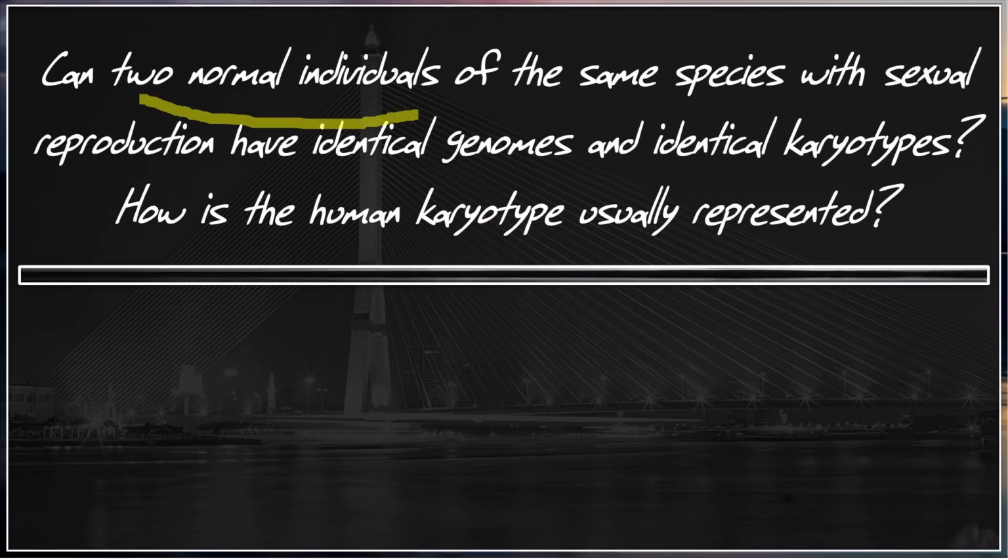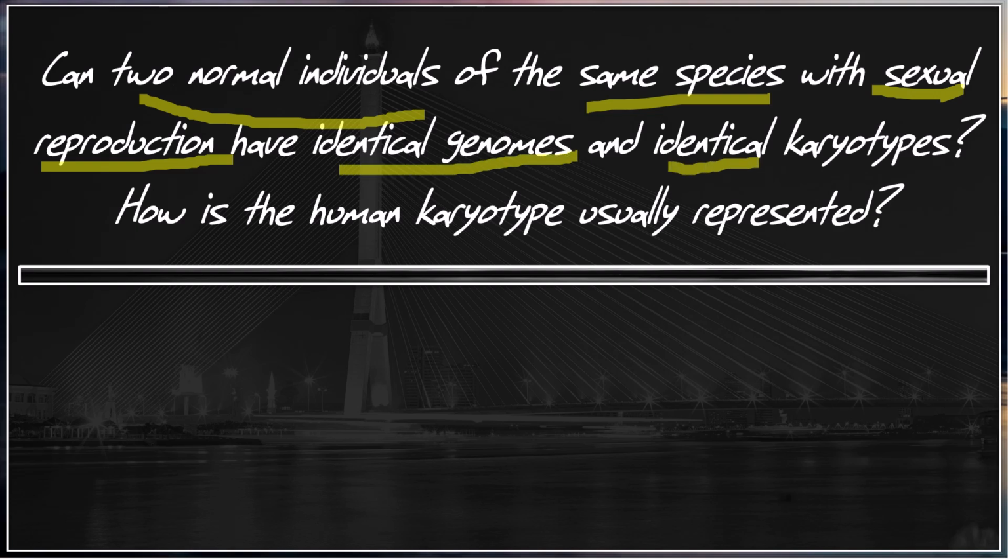Can two normal individuals of the same species with sexual reproduction have identical genome and identical karyotypes? How is the human karyotype usually represented?